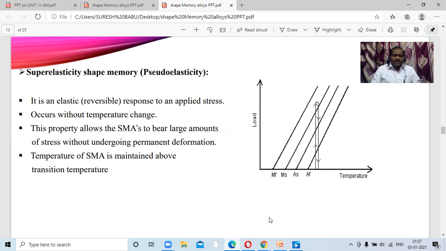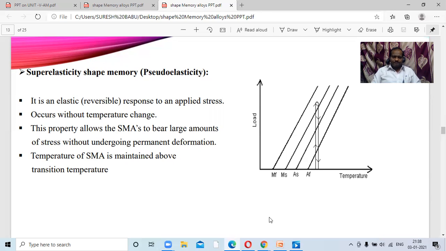So I think it is very clear. Without application of temperature also, the material can be stressed. First point: due to this nature, the material can bear a large amount of stress. Why? Because temperature is not the criterion. So even after applying a large load, it is able to take the stress without failure.